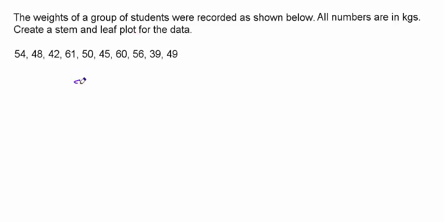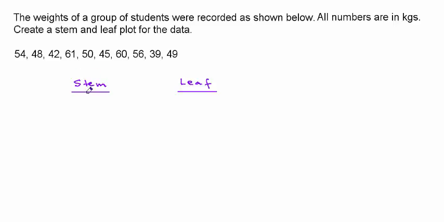On one side we have the stems, and on the other side we have the leaves. And each one of these numbers is going to be split into two parts. One will go on the stem side, the other one goes on the leaf side.